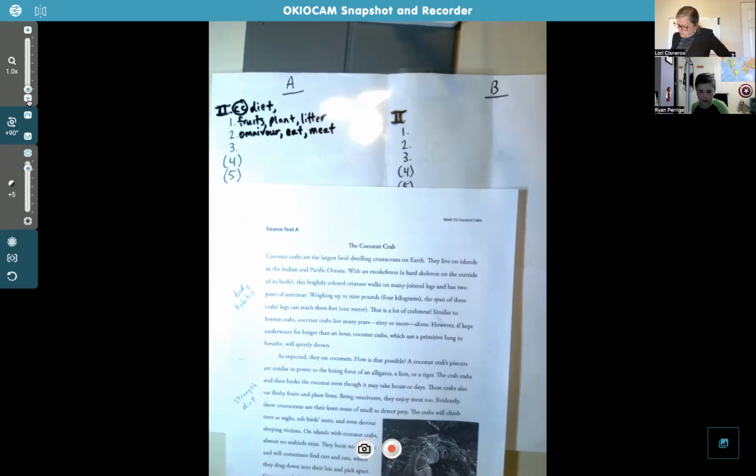They climb trees to eat birds while they're sleeping. Yeah, that is interesting to me too. Sleeping victims. Okay. How can we write that in a keyword? I would say climb, eat birds. Climb, eat.